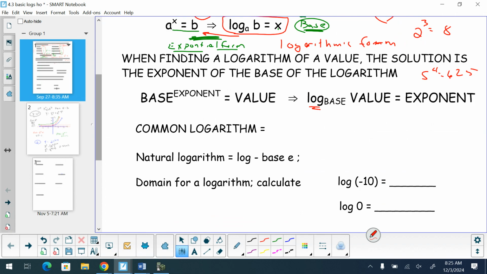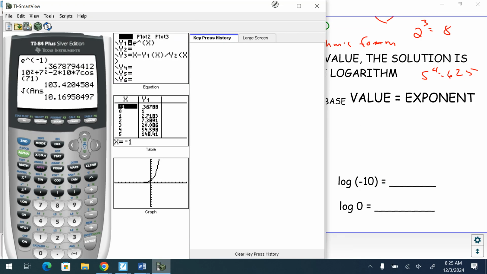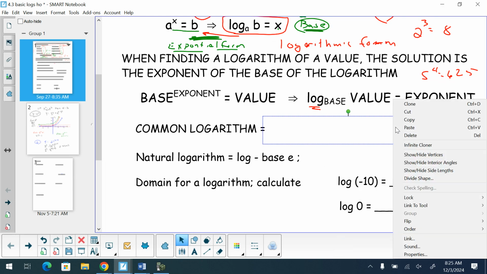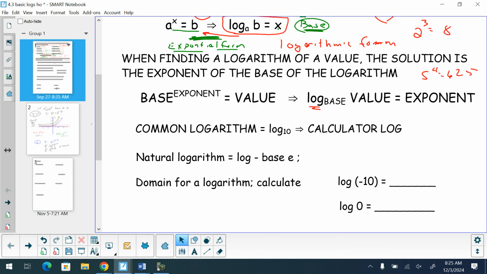And if you take a look on your calculator, you have your log button here. The inverse of that is 10 to the x power. It deals with that base to an exponent. We have what is called a common log, which is log base 10, which is your calculator log.